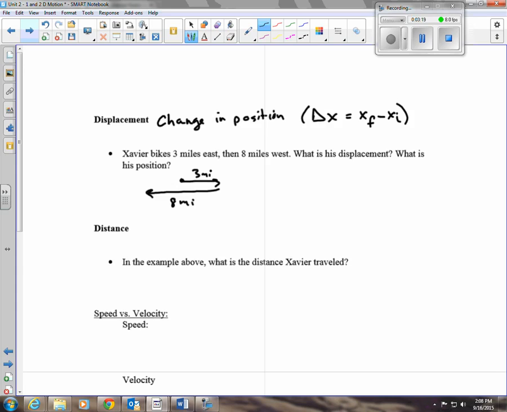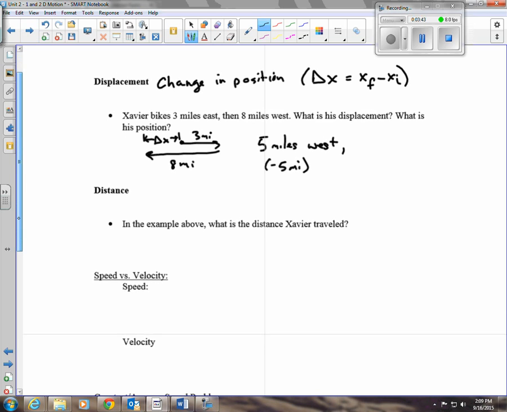Now, here is the displacement. It's changed from where he started, so he ended up 5 miles west, or minus 5 miles from where he started.